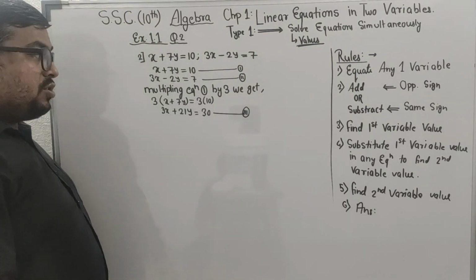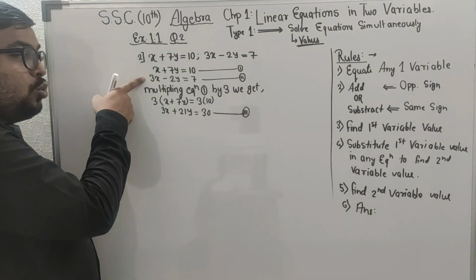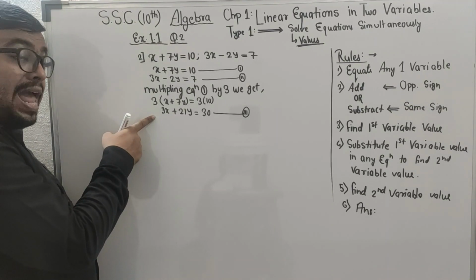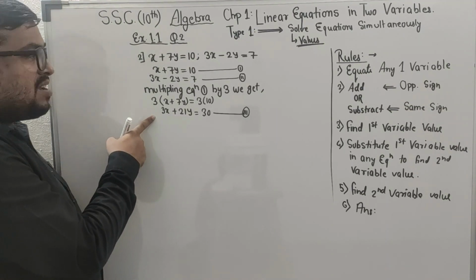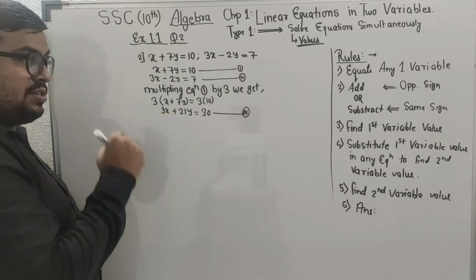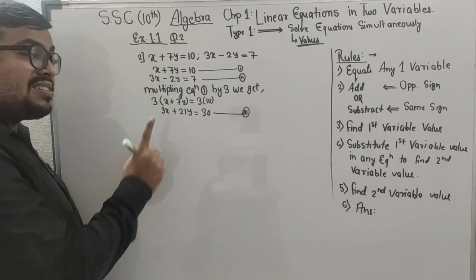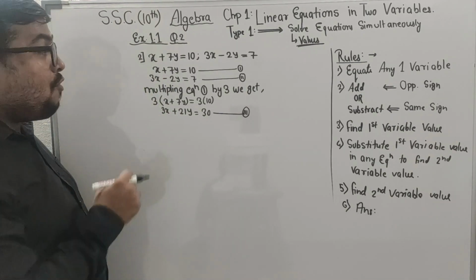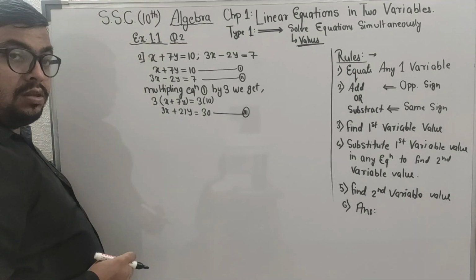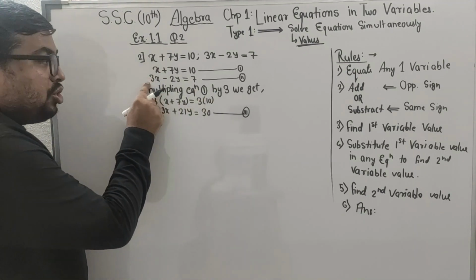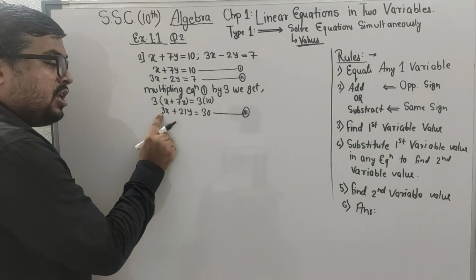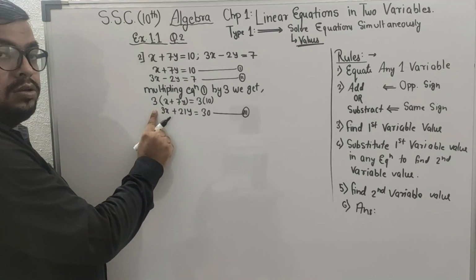Now please pay attention all students. Equation number 2 and equation number 3 have the same equated variable, that is 3x and 3x. ये दोनों equation में 3x आ गया बेटा अपने को. Now we have to solve this question. Okay. Now 3x here is positive, 3x here also positive.